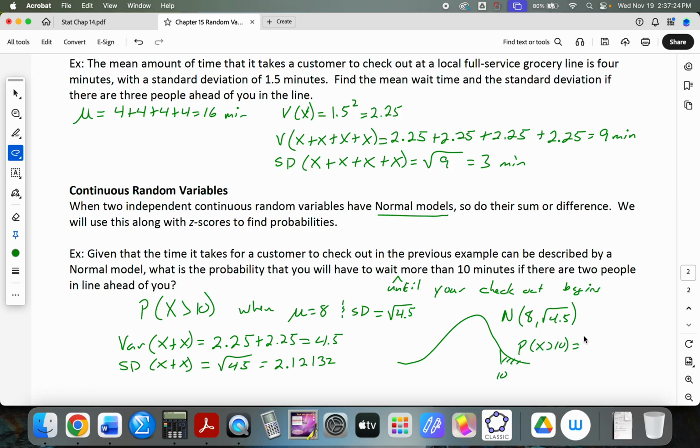And that came out to be 17 point something percent. Good number. Any questions? Questions for later. Okay.